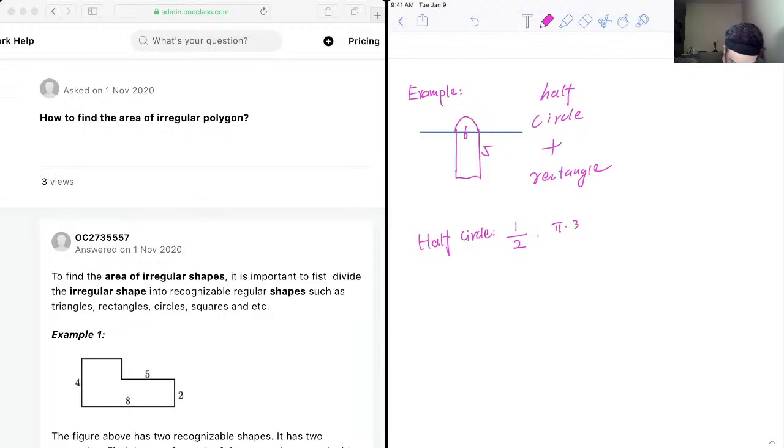So pi times 3 squared over 2, which is about 14.14. And for the rectangle, that will be 5 times 6, which would be 30. And then we just add these 2 together to get our final answer.